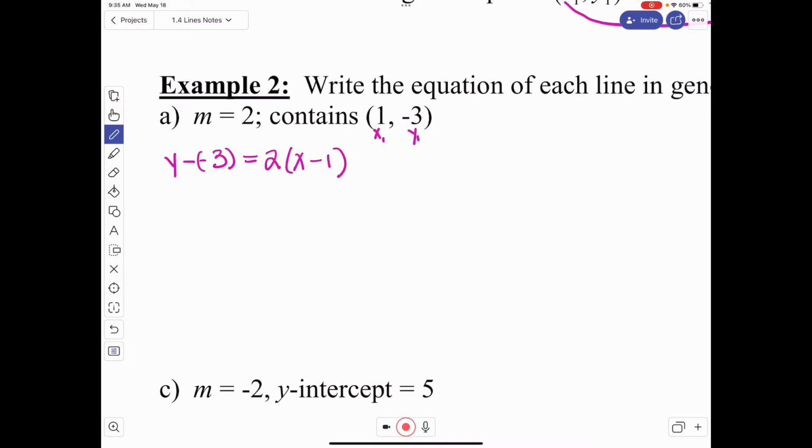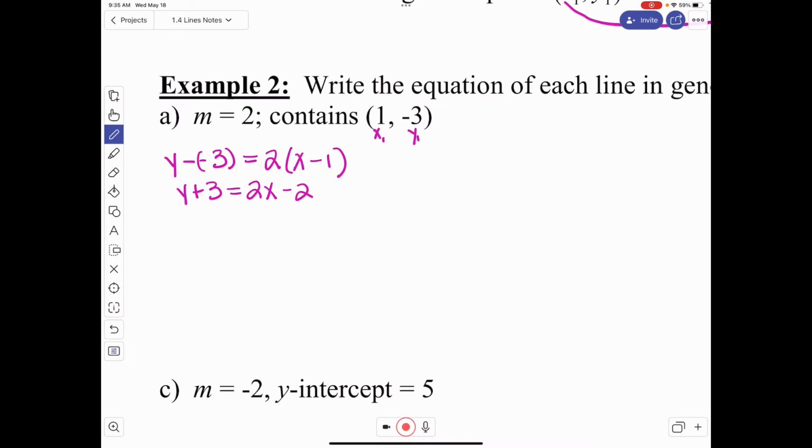And so now what we do is we simplify it to general form. So we've got y plus 3 equals 2x minus 2. I distributed my 2. Now remember what I want to do. Remember a, which is the number with x, has to be positive. So in this case, I want to move my y and my 3 over to the right side.